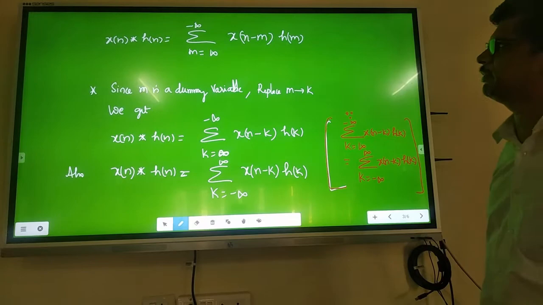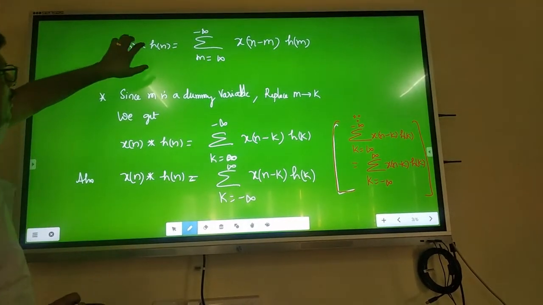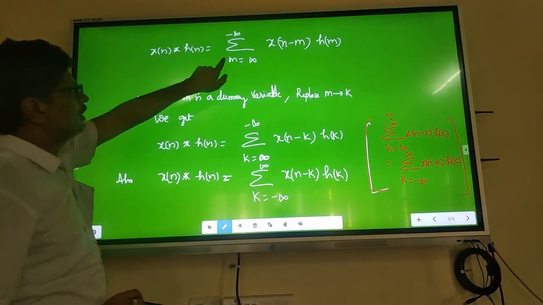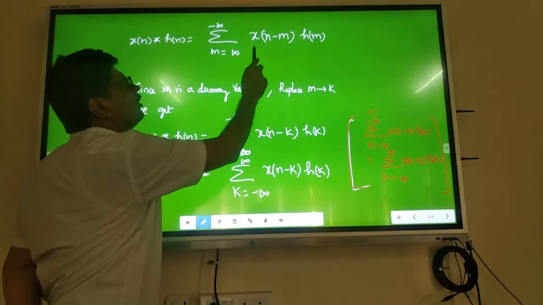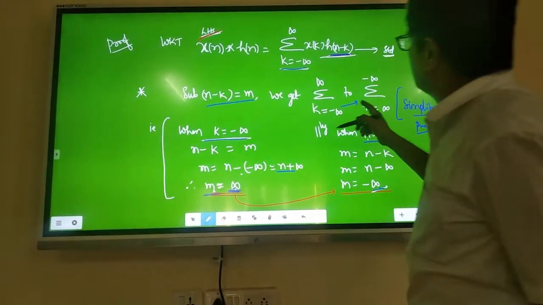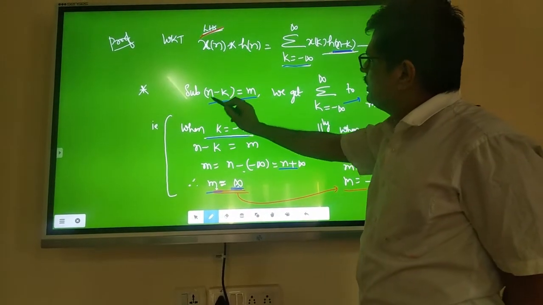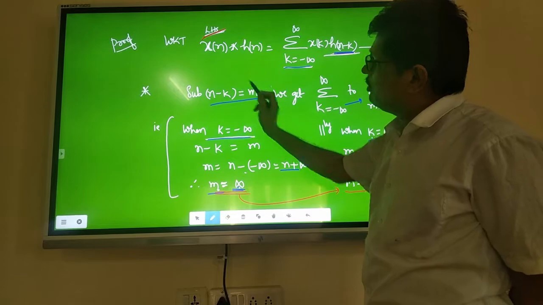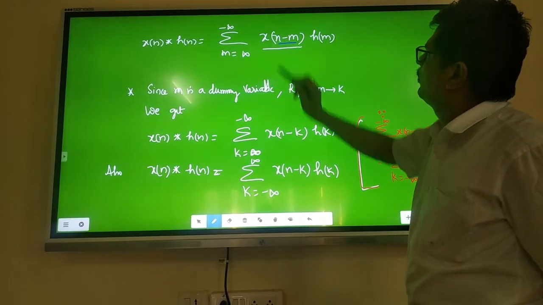Now that is my next step. Substitute here, and you will get the LHS x of n convolved with h of n as the summation m equal to plus infinity to minus infinity of x of k, where k is n minus m.